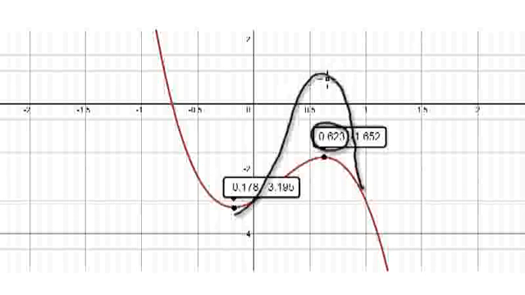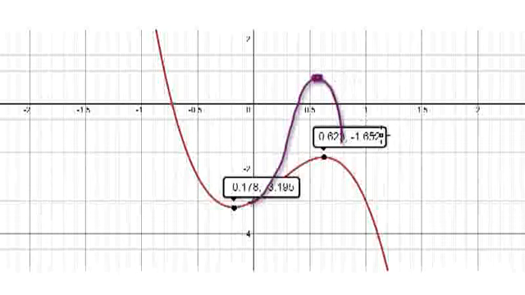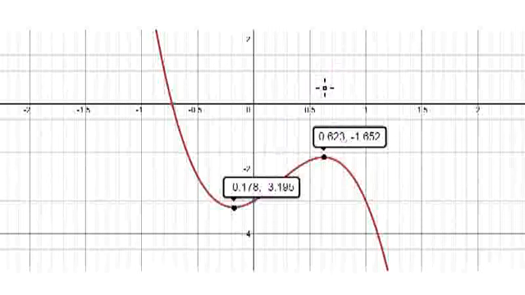So the turning point must be in the negative realm here. Well, it couldn't go over, because if it were to go over, then the y value would be positive. But it gave us a negative y value, so it must be in the negative realm. So it gave us this.